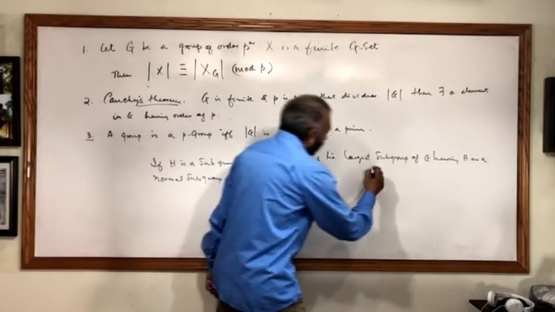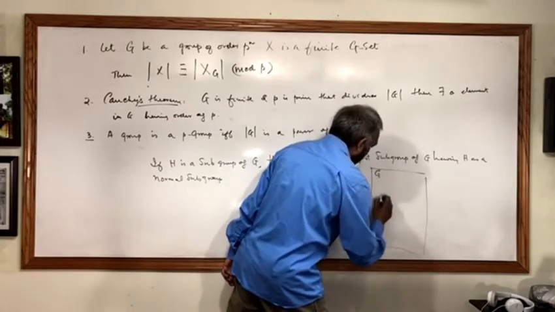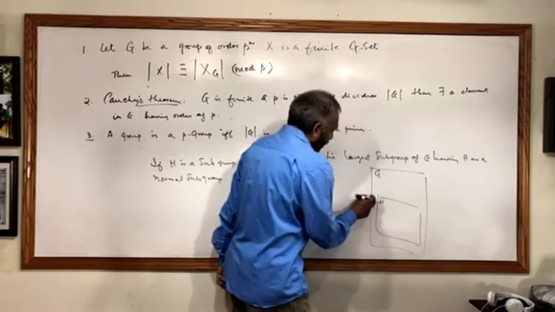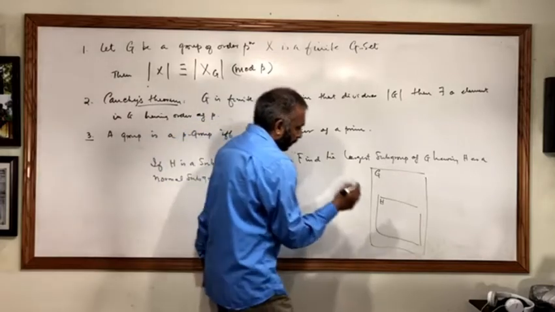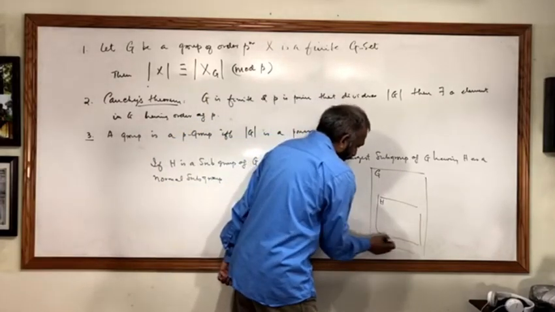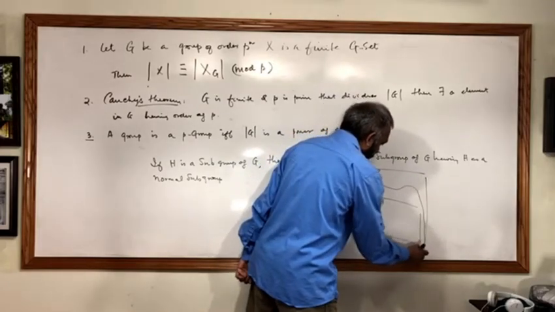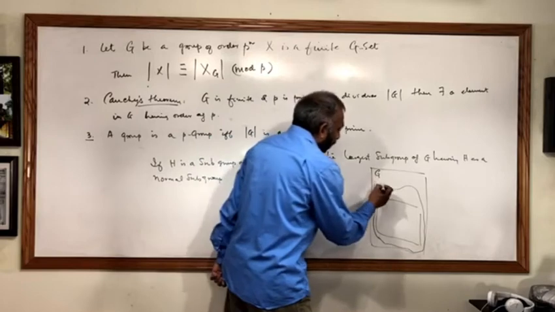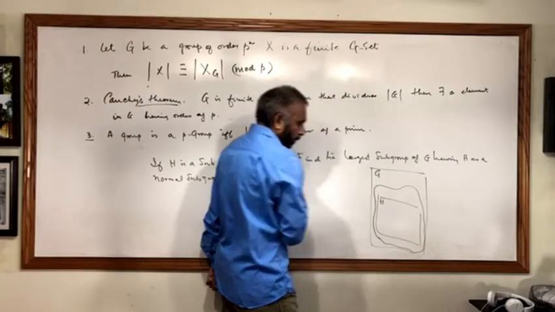See, if you take the group G and there is a subgroup H, H is not normal in G. But our next attempt is to find out another subgroup of G for which H is normal.